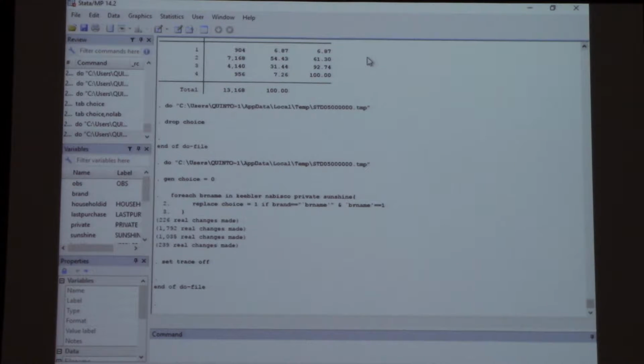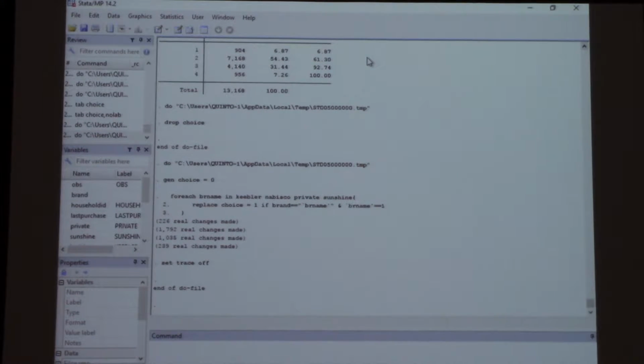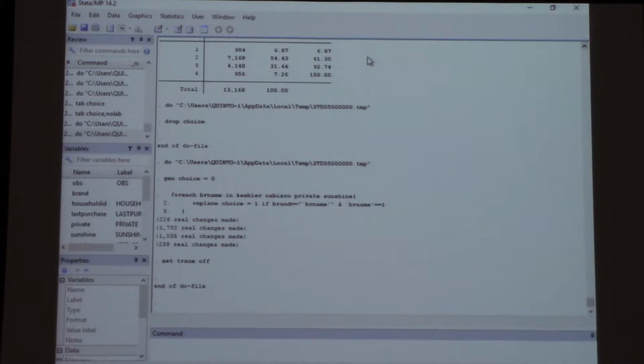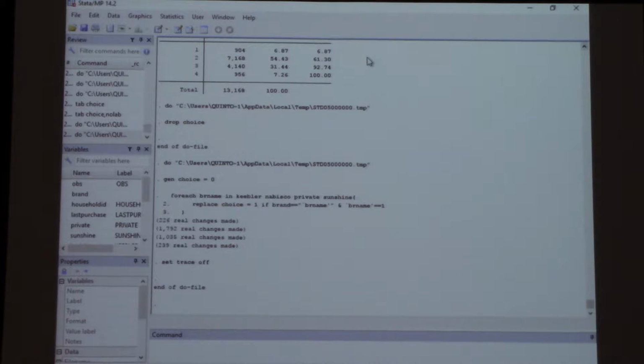One, the brand, because remember there is brand here, and then there's something called brand name that we generated for the for each part. We want to replace the 0 with a 1 if the brand equals the brand name. In other words, if the brand you chose is indicated by the brand name variable. So those 2 things have to hold. Those 2 things have to be the same.